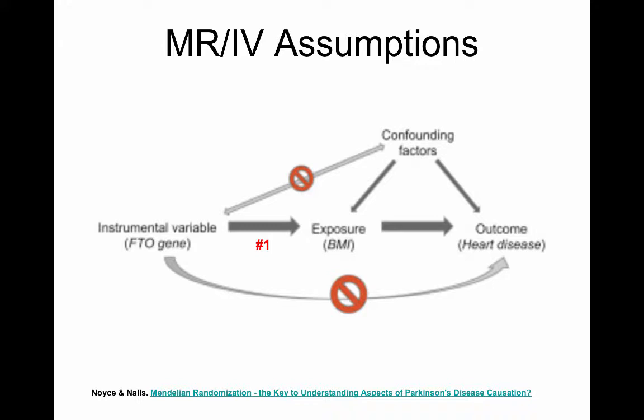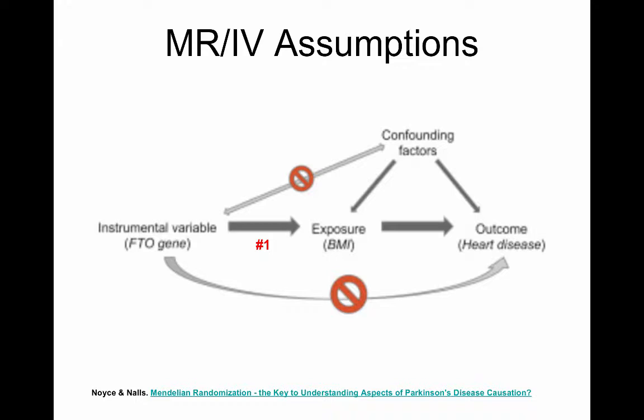So let me illustrate three key assumptions using an example of body mass index and heart disease. It's not an epigenetics example, but we'll get there too. In this case, the exposure, which is the body mass index, has very well-known genetic determinants, for example, SNPs in the FTO gene. The first assumption is really the simplest.